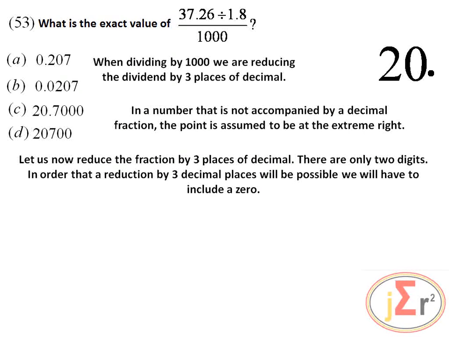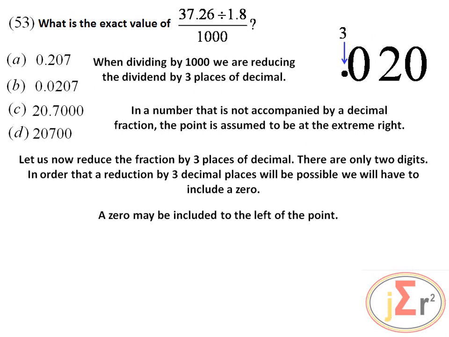There are only 2 digits, so in order that a reduction by 3 places of decimal will be possible, we will have to include an additional 0. So, 20 reduced by 3 places of decimal. That is what we have. A 0 may be included to the left of the point.